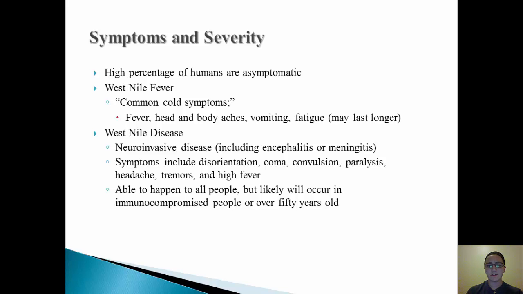The symptoms include disorientation, coma, convulsion, paralysis, tremors, headaches, and high fevers. So as you can see, from the severity of the symptoms, how different the fever is from the disease. Usually all people can contract the disease, but it occurs mostly in immunocompromised people or people that are over 50 years old.